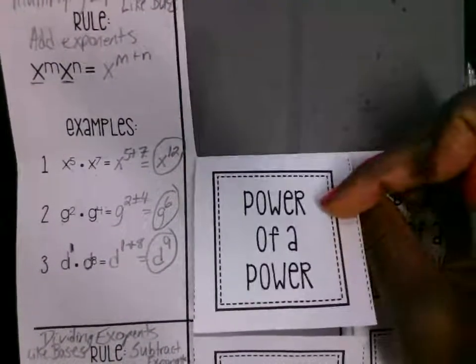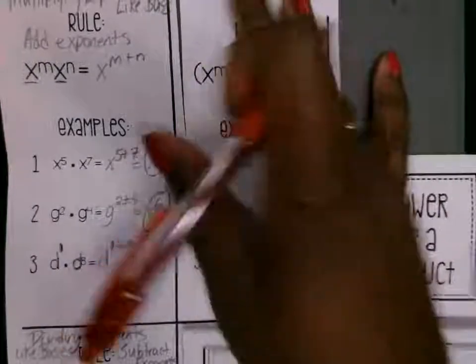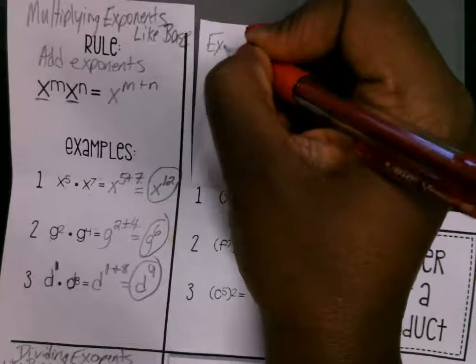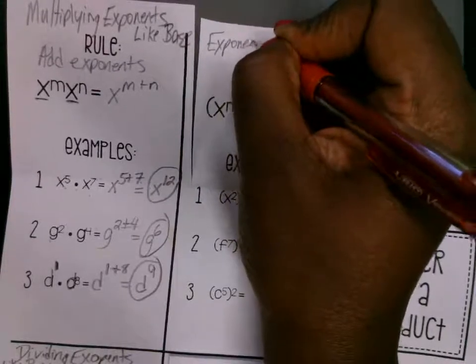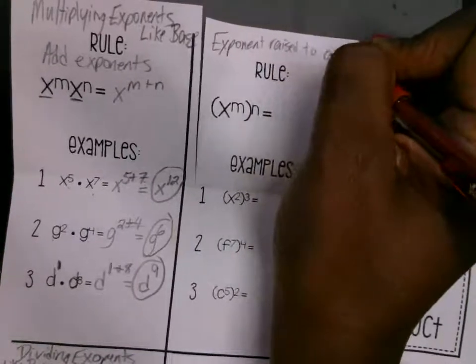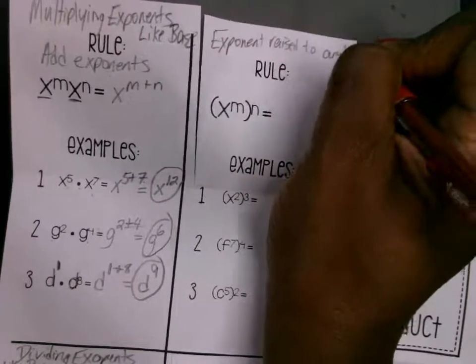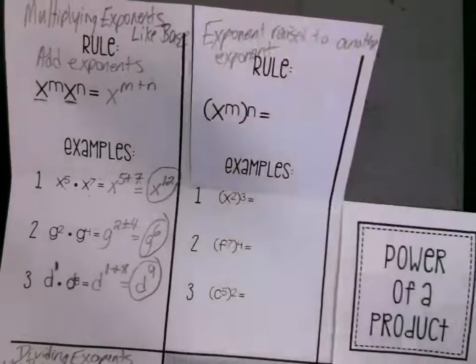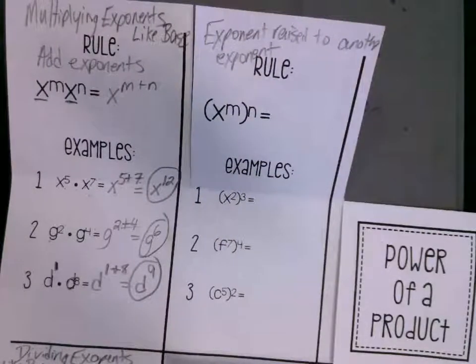All right, so you say power of a power. This is an exponent raised to another exponent. Okay, and I'm going to show you how that works.